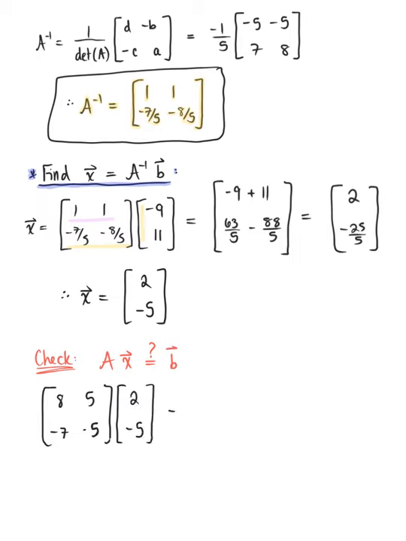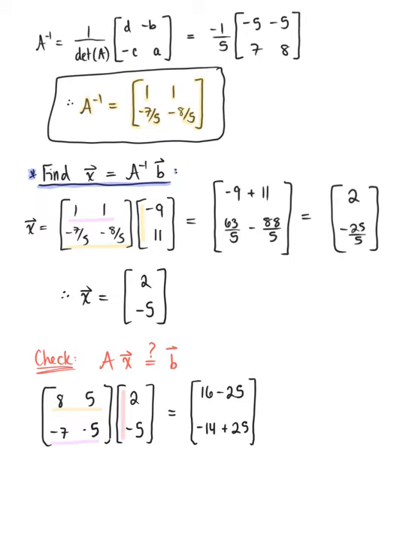So here we go. By the row column rule, the first row of A times vector x leaves us with 16 minus 25. Then the second row of A multiplied by vector x is negative 14 plus 25.